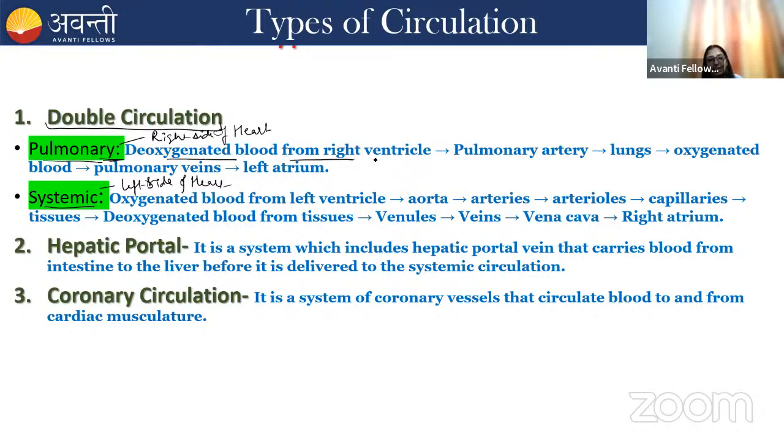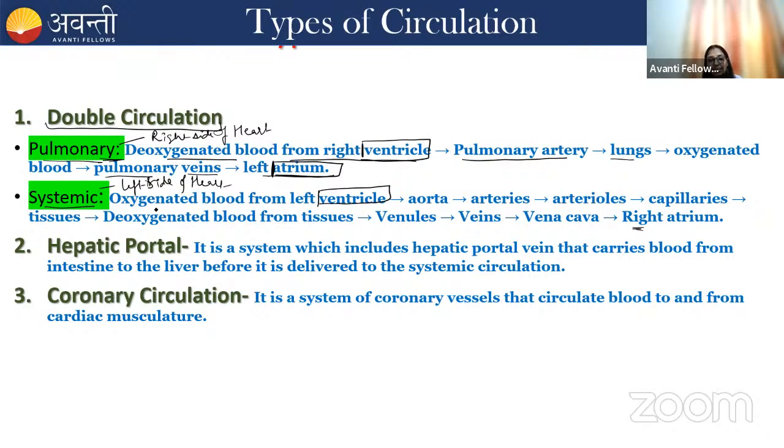The deoxygenated blood from the right ventricle reaches the pulmonary artery, then the lungs, and now the oxygenated blood is carried by the pulmonary veins and reaches the left atrium. Remember this, it started from the ventricle and reaches the atrium. Similar in systemic also, starting from the ventricle and reaching the atrium.